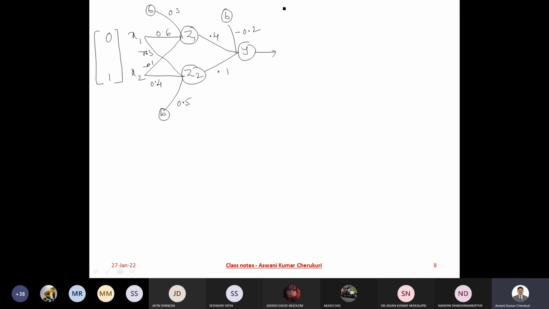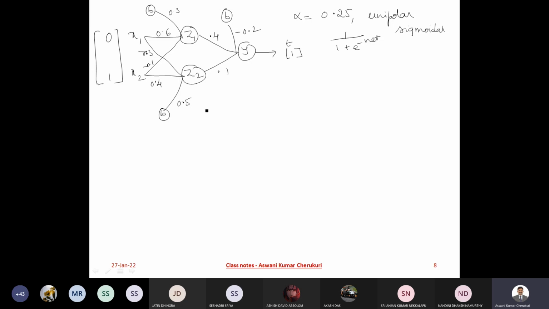This is the initial setup, and the initial learning parameter value is 0.25. You are asked to do this problem for the unipolar sigmoidal function, 1 by 1 plus e power minus net. For the input 0, 1, the target value t is 1.